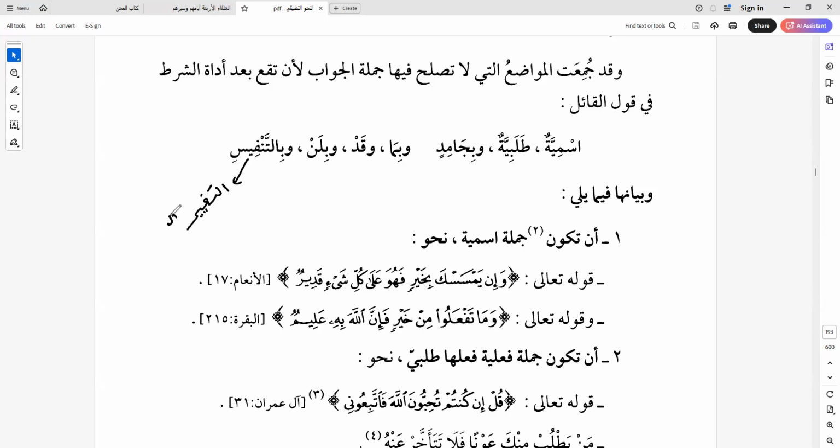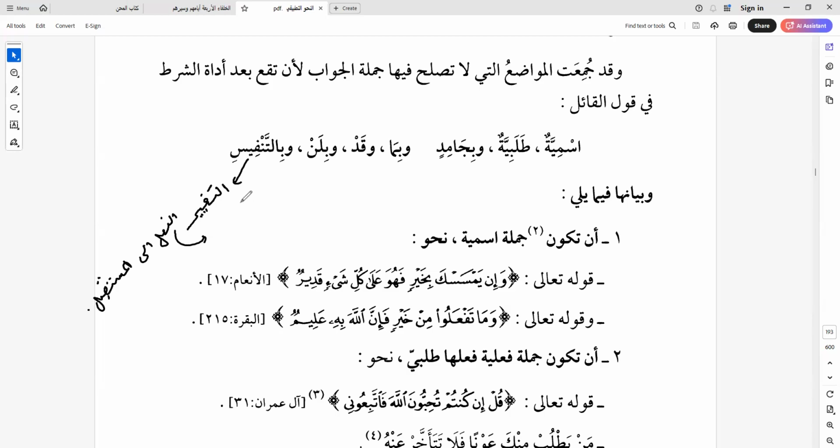الفعل إلى المستقبل. التغيير الفعل إلى المستقبل. You change a fi'l to mustaqbal.